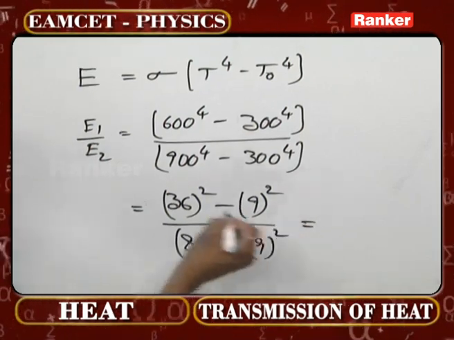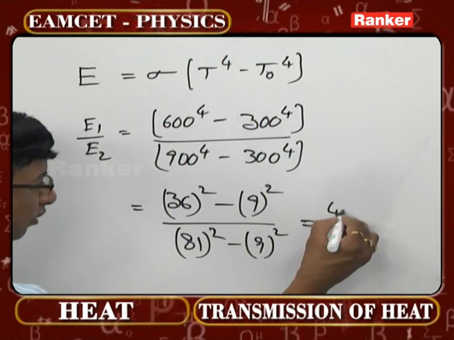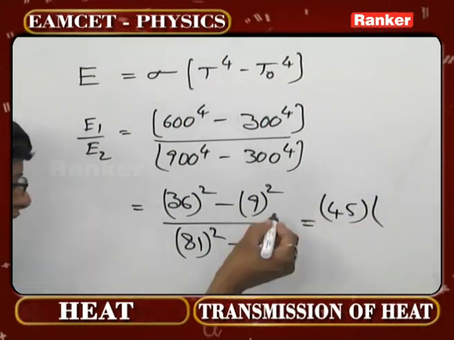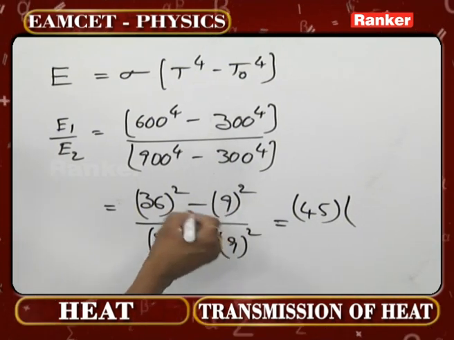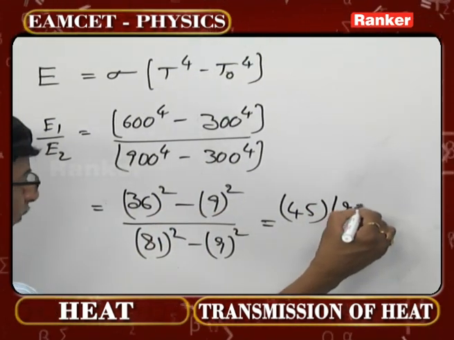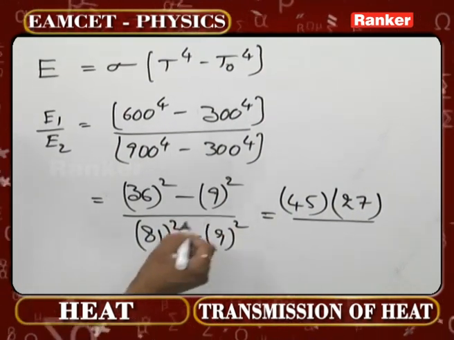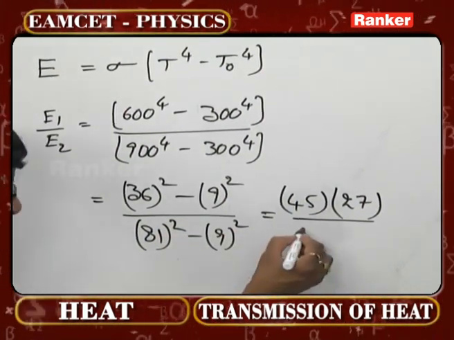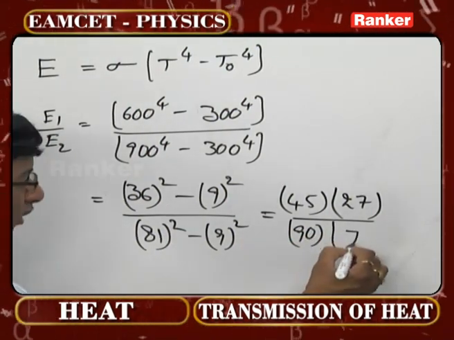Now you can directly apply the a square minus b square formula, a plus b into a minus b. 36 minus this 9, in the sense it is 27. Now next one, 81 plus 9 will become 90, and 81 minus 9 is 72.